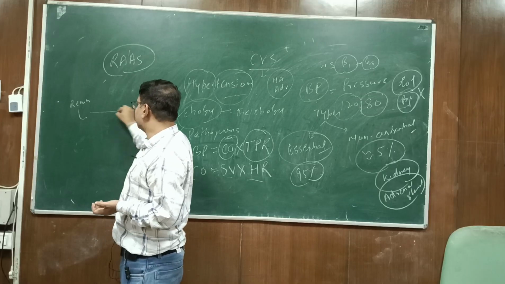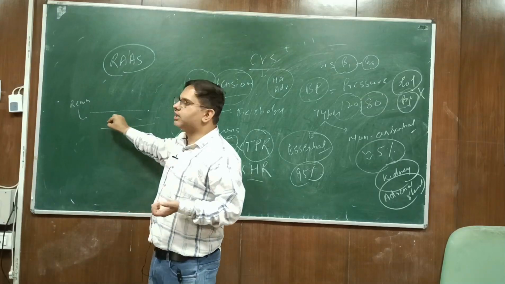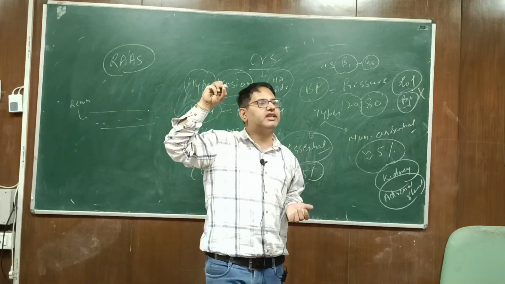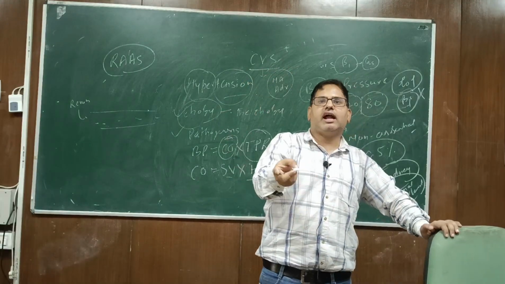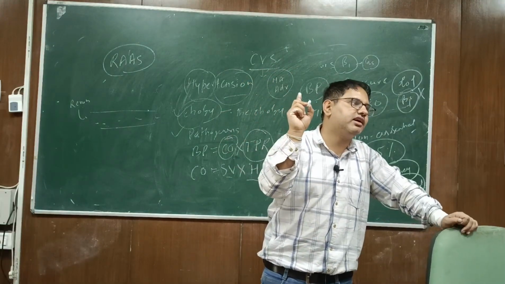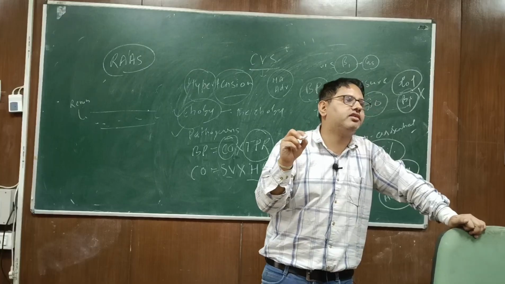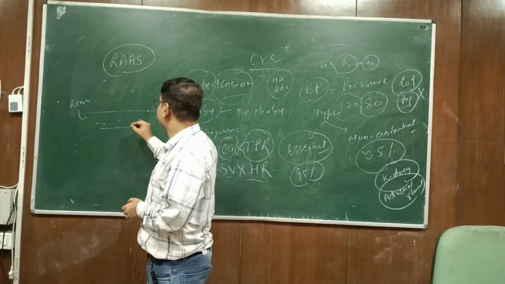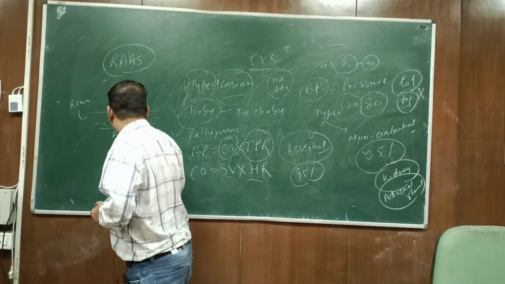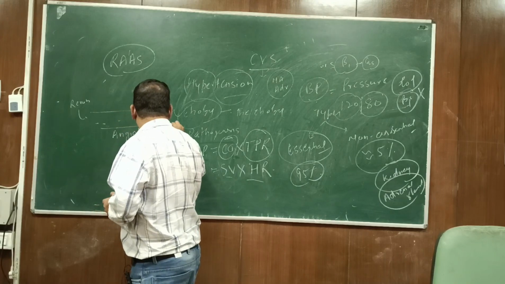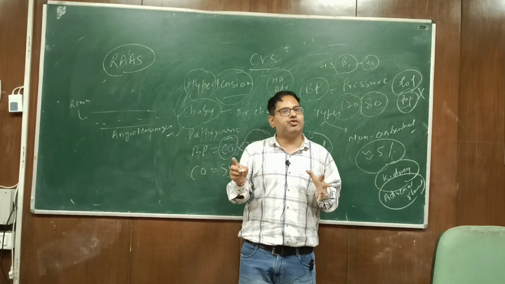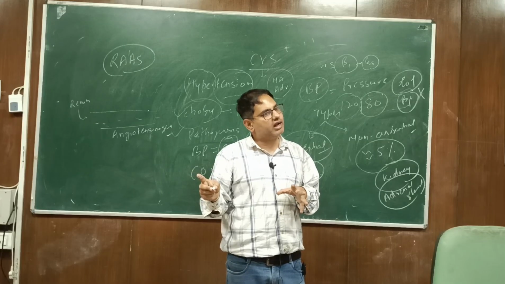In the blood there is a plasma protein synthesized by the liver, and the name of that protein is angiotensinogen. Angiotensinogen is a plasma protein synthesized by the liver, right?